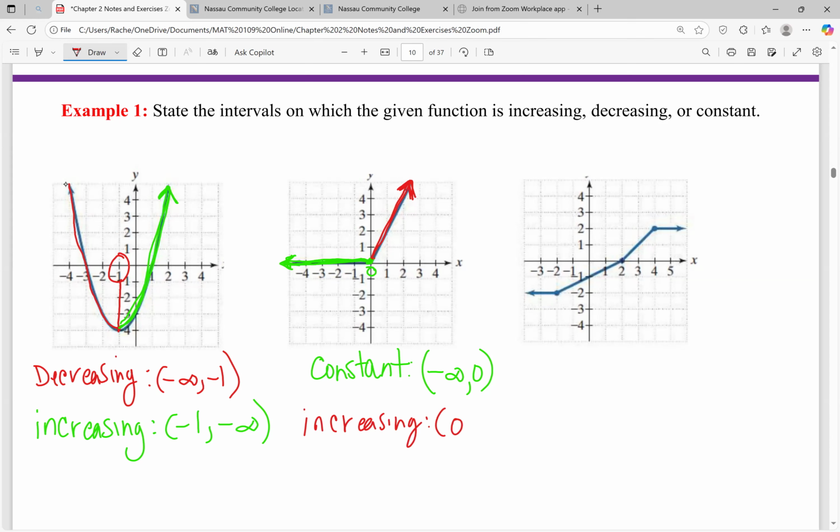Let's pick another value that's less than 1. How about -2? Plug -2 into my equation, so 1/2 times -2 squared. -2 squared is 4. 4 times a half is 2.